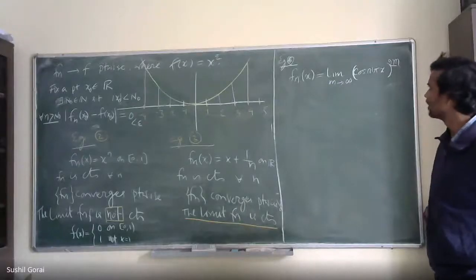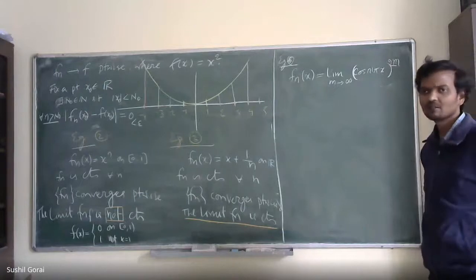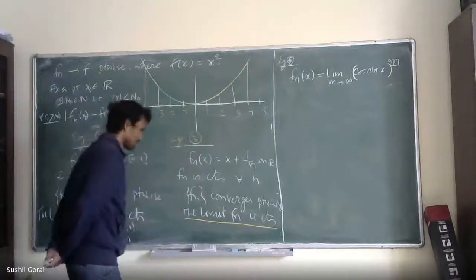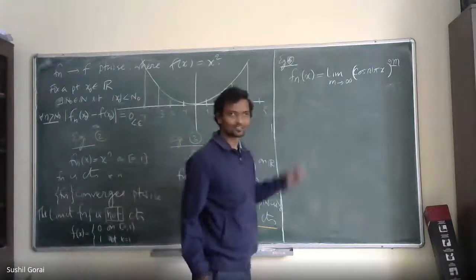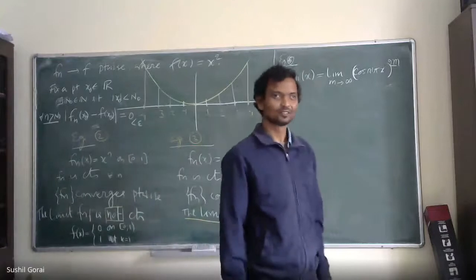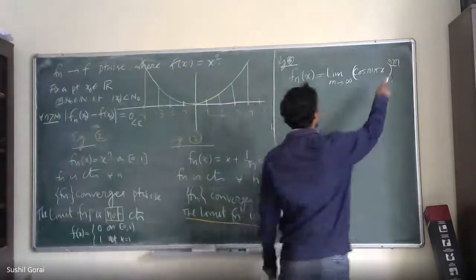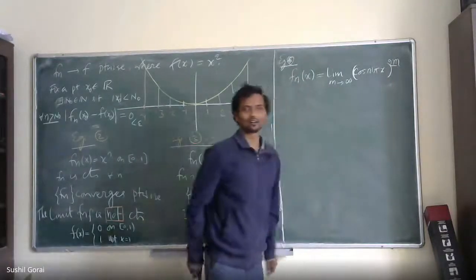No, cos pi, right? Yes, -1 to the power m as n tends to infinity. What is the value? Oh, okay. Yes, that f1 would not converge. That is the problem. But fn(x) has to be a function, so that should be corrected, and putting a 2 here corrects that.